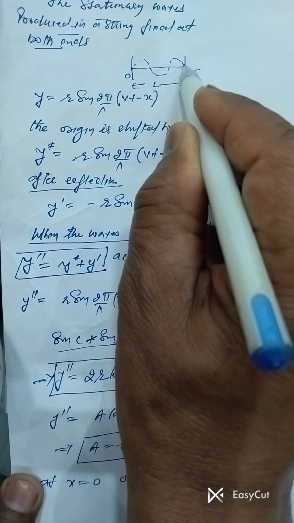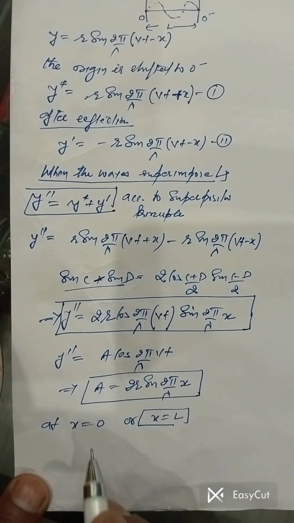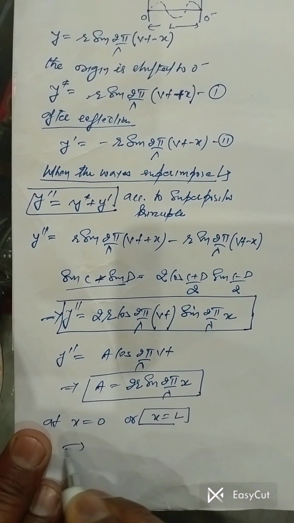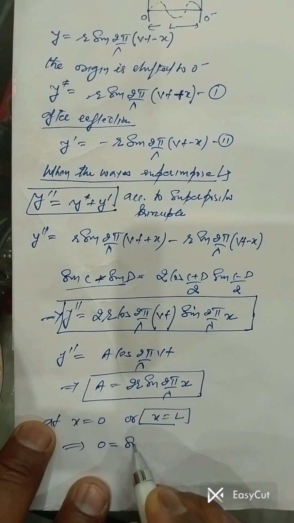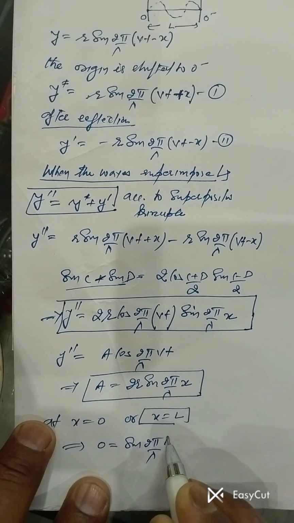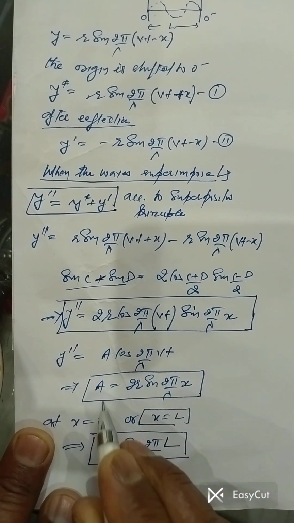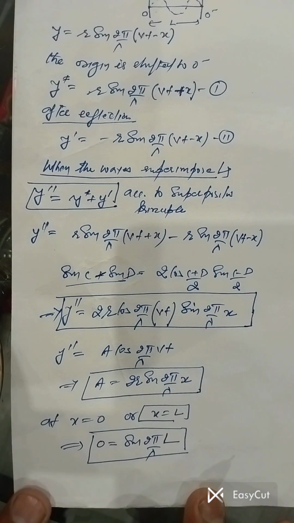At both ends the amplitude will be equal to 0. So when we put here L, then A will be equal to 0, this implies that 0 is equal to sine 2 pi upon lambda into L. At x is equal to L and x is equal to 0, amplitude is 0. Why? Because they are fixed at both ends.